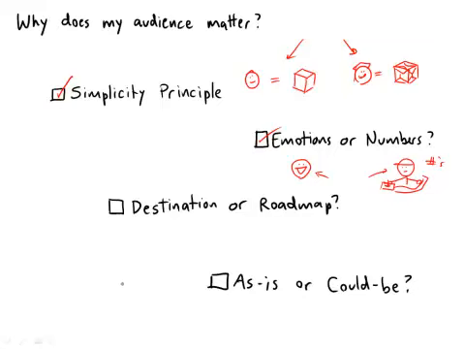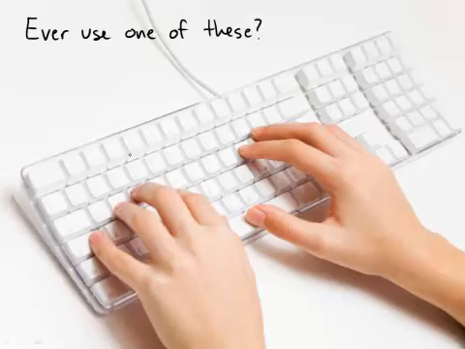Or are we looking at somebody who's interested in our destination or at the steps we need to take to get there? And are we going to be showing our idea to someone who's interested in how it is today or how it might be in the future? Does it need to be like this at all?